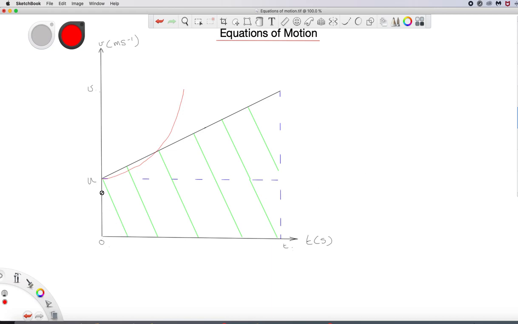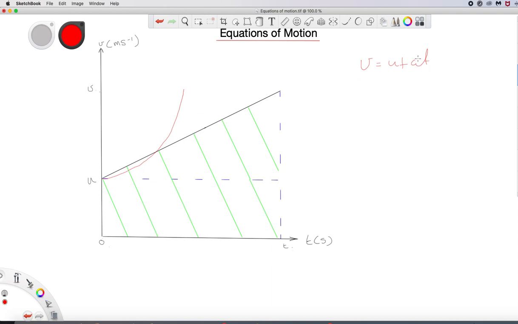Now, you can see in this graph, the equation of motion v equals u plus at, well, does v equal u plus at?